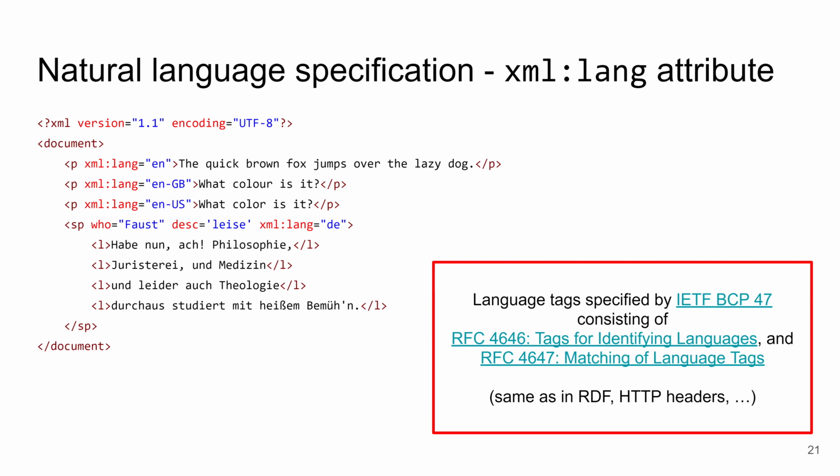You can just use it right away. So in this case, the xml:lang attribute specifies the natural language of the text inside that XML subtree. The language codes here are the same as in RDF, HTTP headers and so on, so they are governed by the IETF BCP 47 specification.